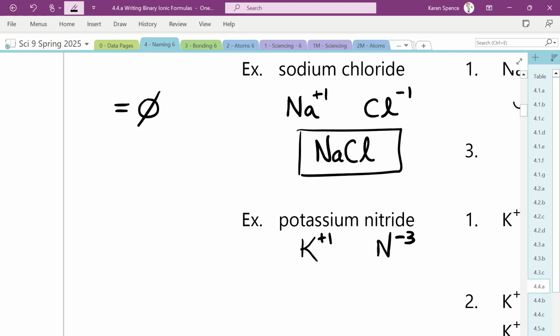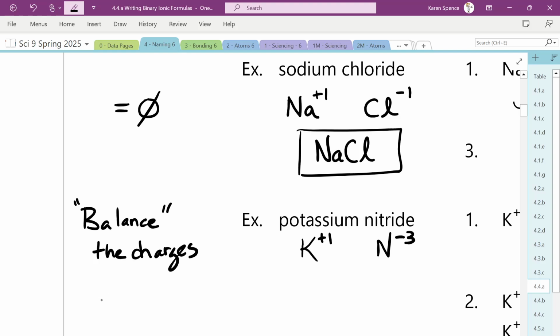Are those equal to each other? Is +1 equal and opposite to -3? No, we have to make those two charges. We say we balance the charges, okay? Balance the charges.